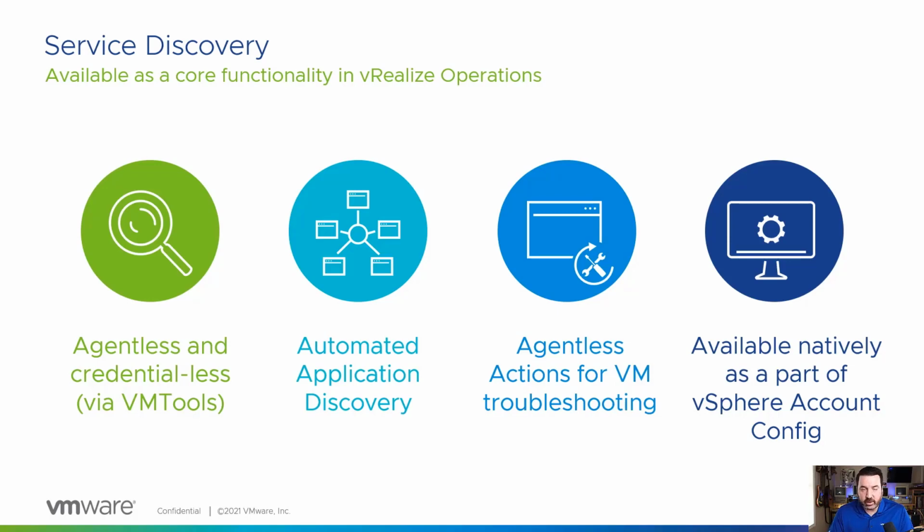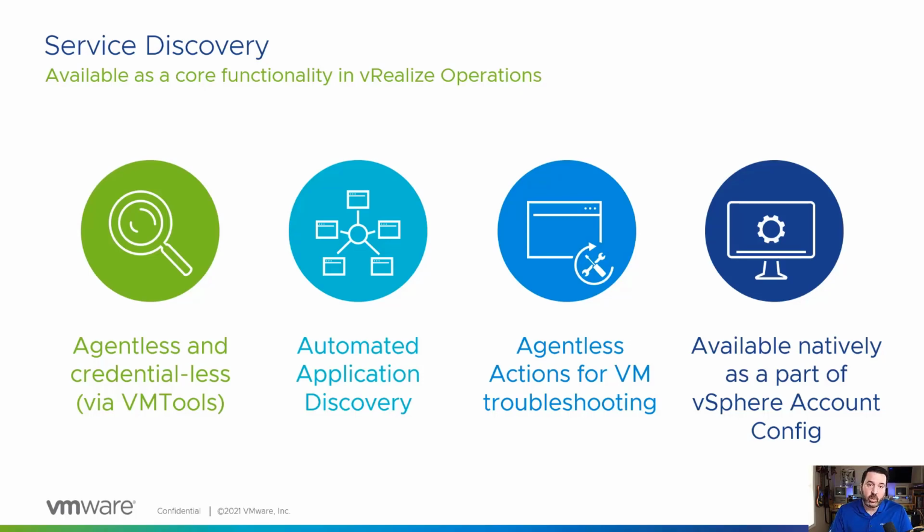Now, I'll just clarify, when we say service within vRealize Operations, that is defined as a process that is listening on a port. So we do need to make sure that process is listening on the port. There are ways to tell that. But that's what we're going to go out and discover.